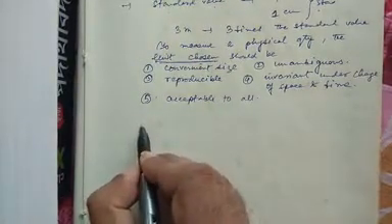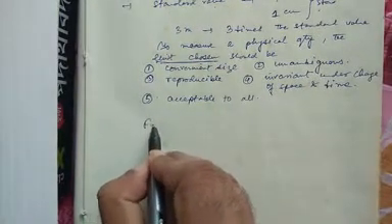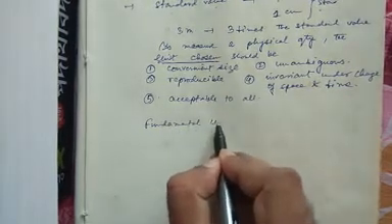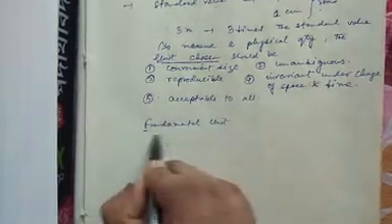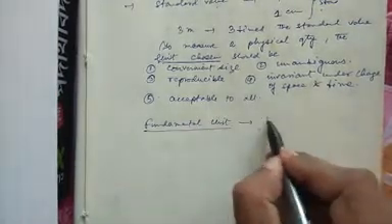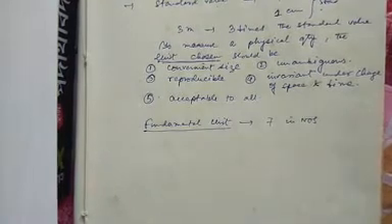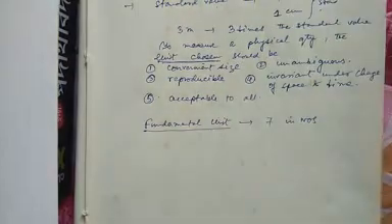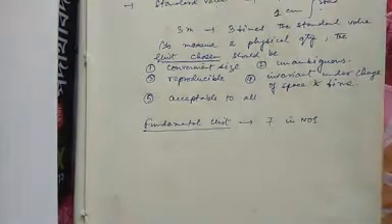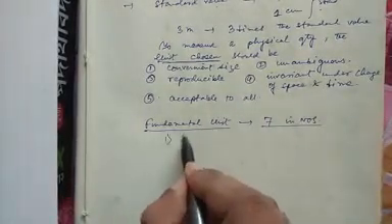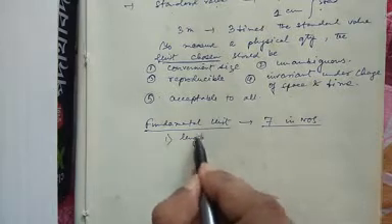We all know about the fundamental units and derived units. Just for revision, fundamental units are 7 in number. The first one is length.